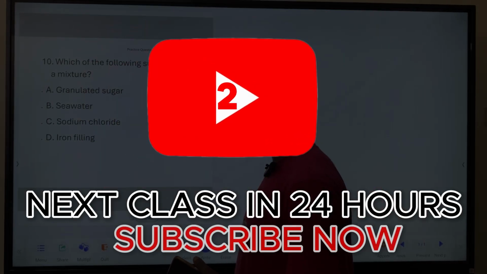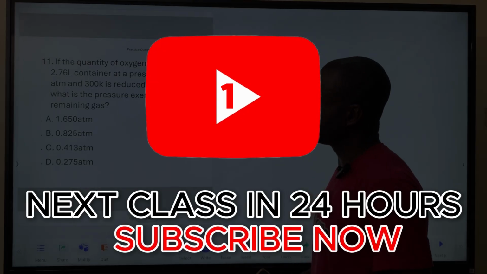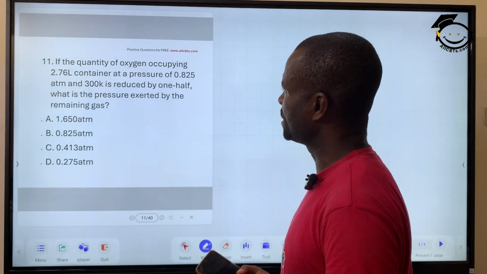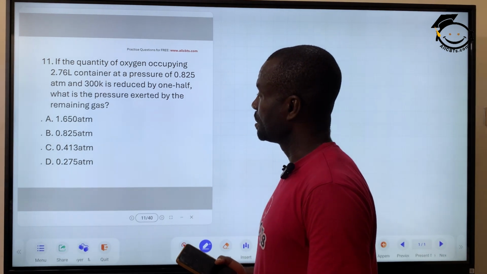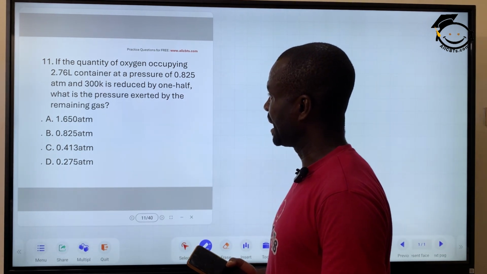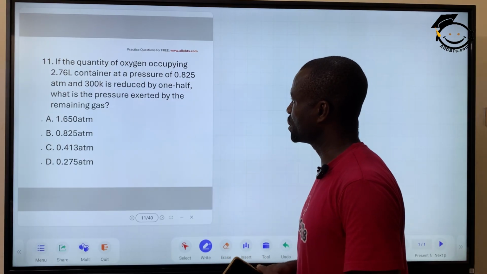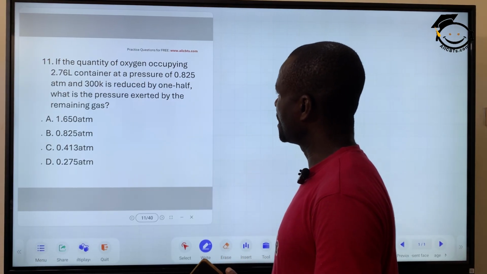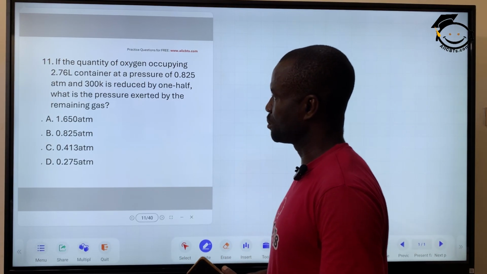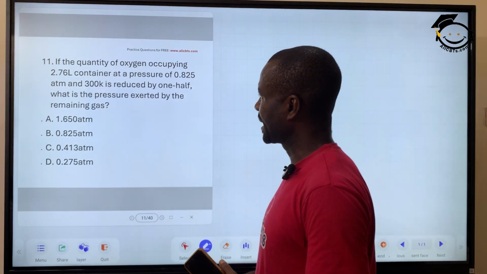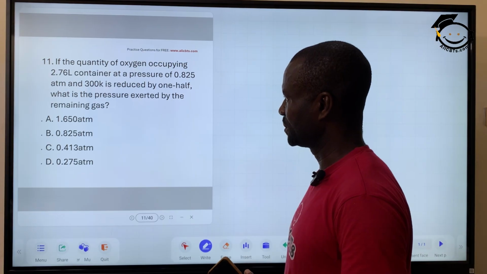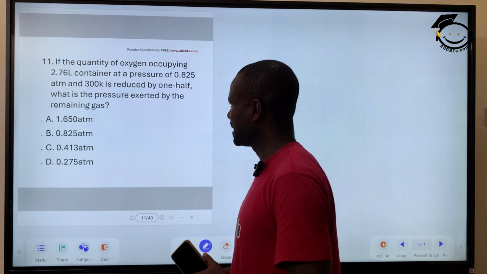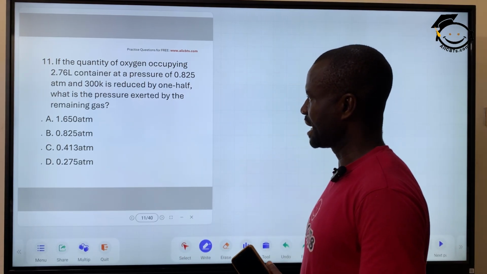Next question. Question 11. If the quantity of oxygen occupying a 2.7 liter container at a pressure of 0.825 atmosphere and 300 Kelvin is reduced by 1/2, what is the pressure exerted by the remaining gas?